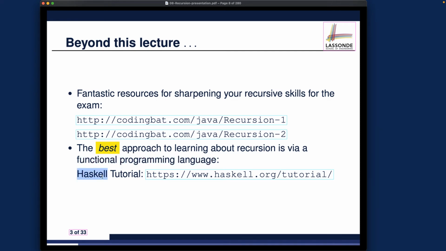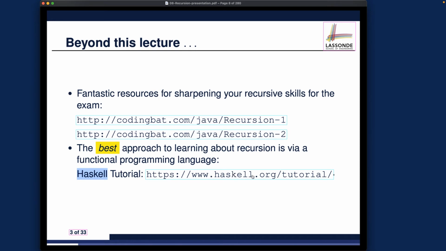It's a very popular functional programming language, actually a purely functional one. In Java, they do support something called lambda expressions, however that is only an extra addition to OOP, the object-oriented programming paradigm. But to really force yourself to program with recursion, Haskell, a purely functional programming language, is the best way to go.